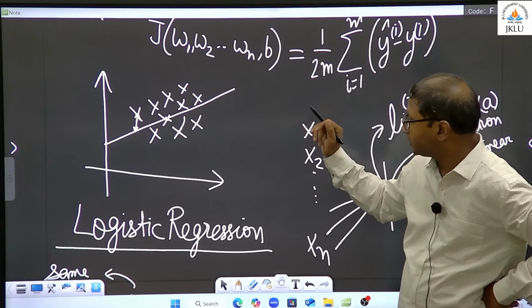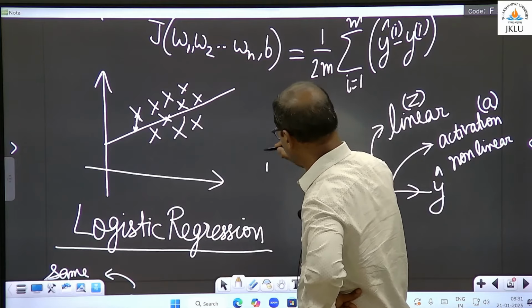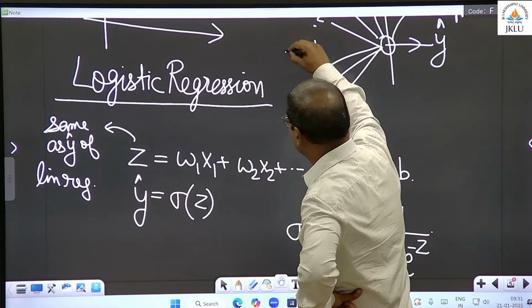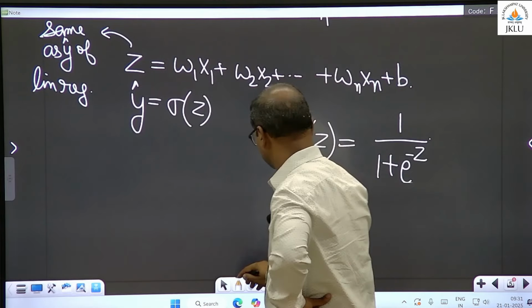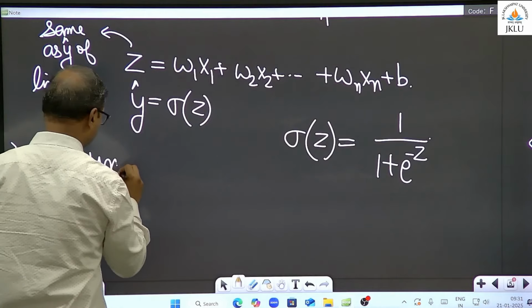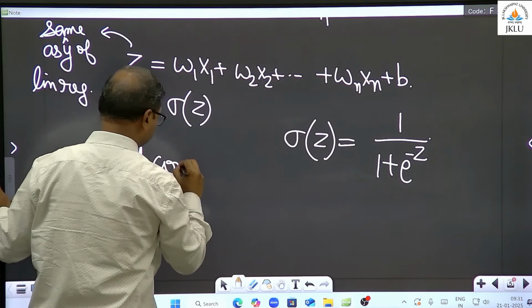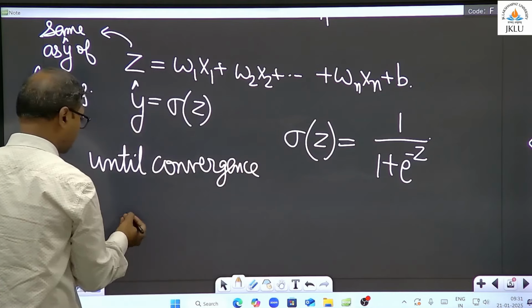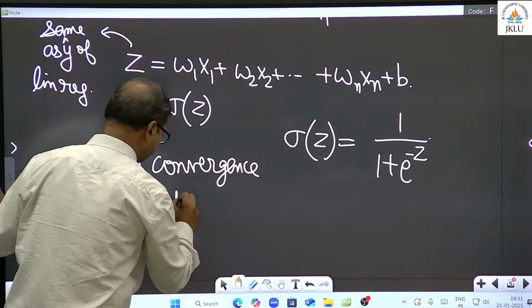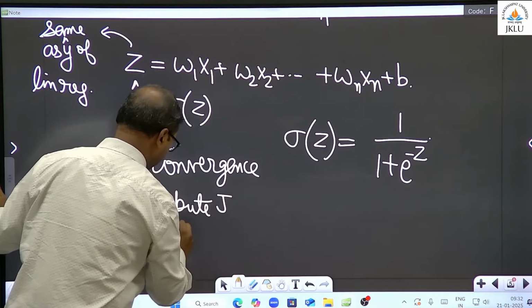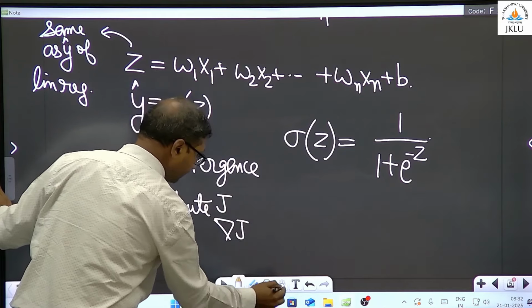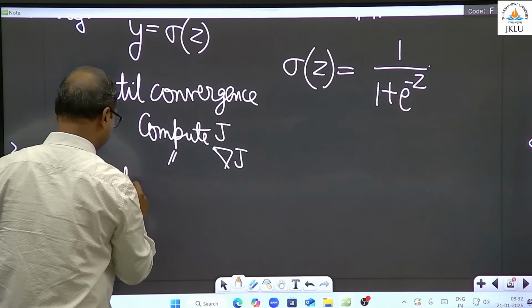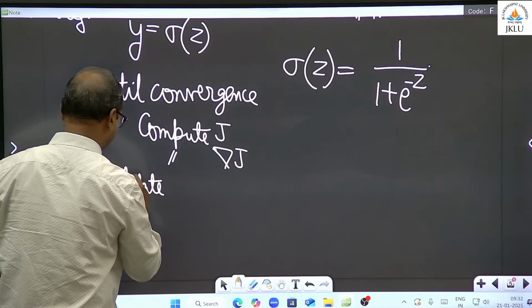How do I change this algorithm? Let me just write it again here. So it was: until convergence, compute J, then compute grad J, and then update.